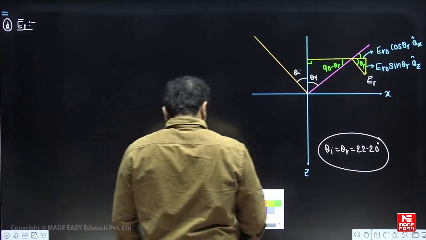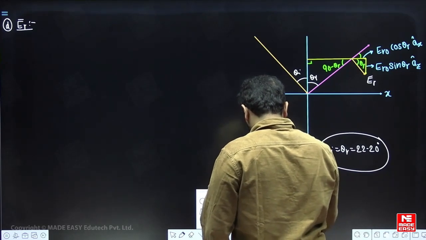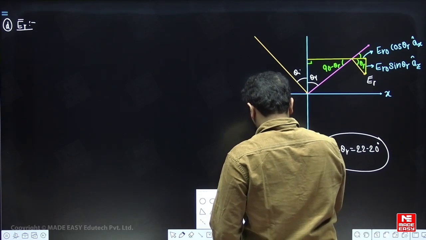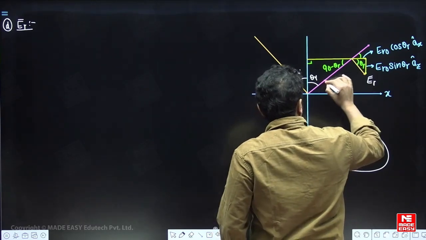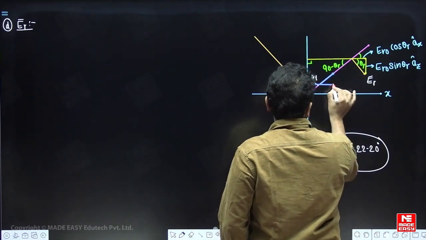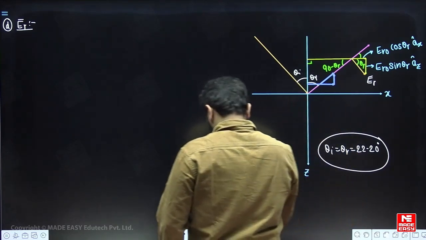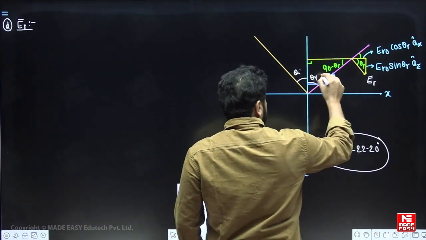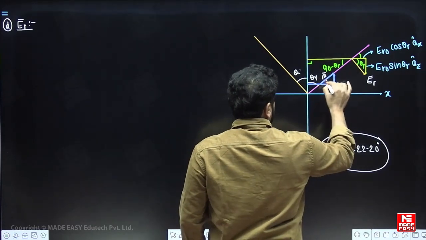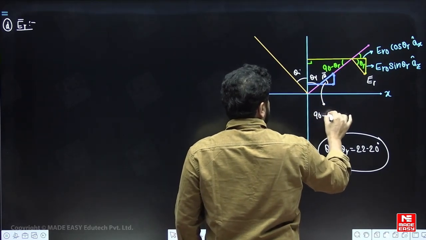Now if I talk about beta, let us check about the beta also, right? So beta will be same. This is your beta, this is your beta, correct? This angle is how much? This angle is your 90 minus theta r, just now we have seen.